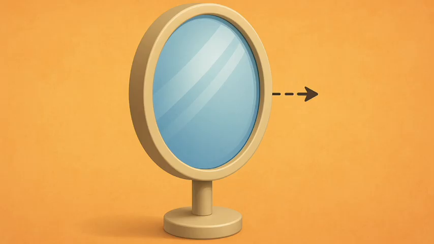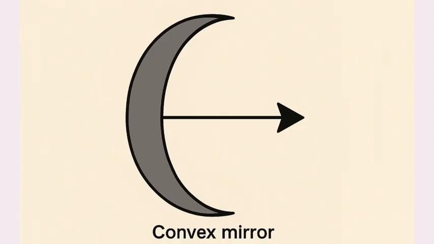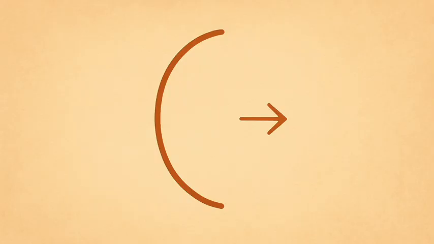Convex mirror. Its schematic representation is shown in Fig. 10.3b. In the representation of both the mirrors, the non-reflecting surface of the mirror is shown as shaded. Fig. 10.3b. Its representation.